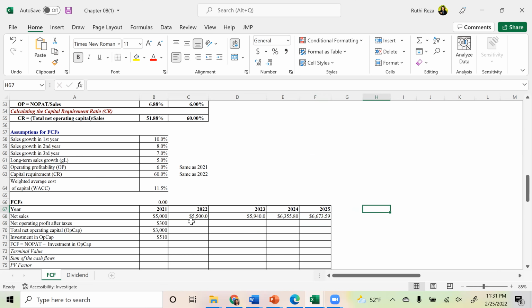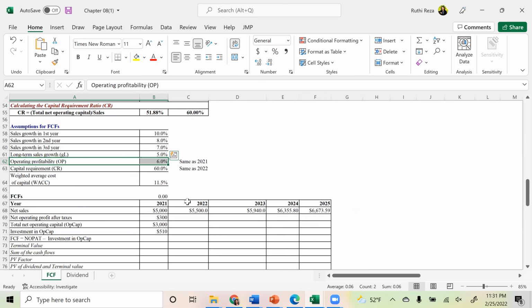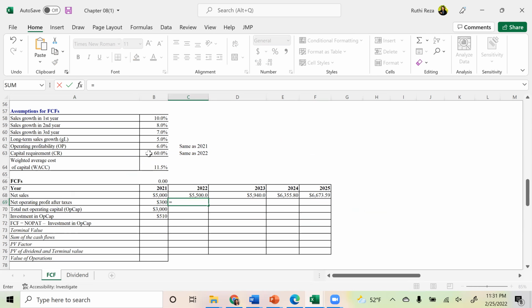Then net operating profit after tax. You can see here the operating profitability ratio is 6%. So your operating profit will be 6% of your net sales.